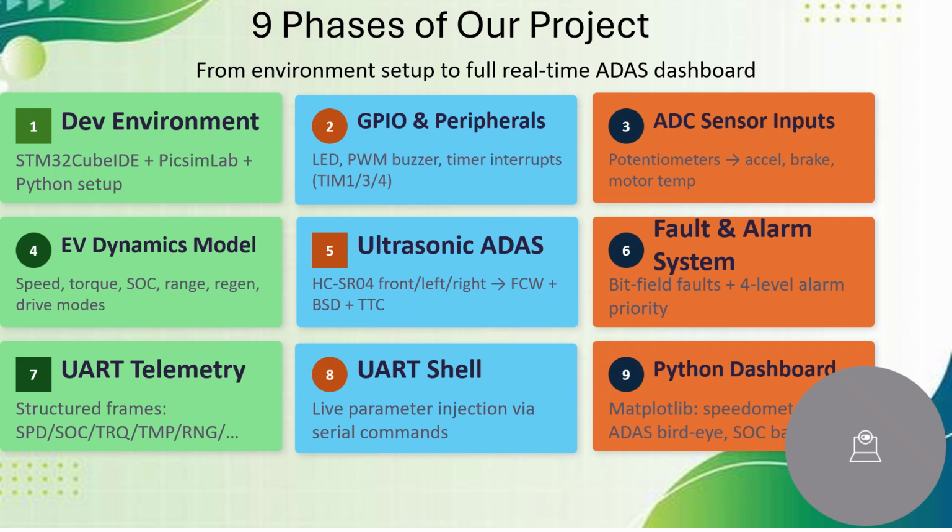In our sixth phase, fault and alarm system, that's helpful for any electric vehicle, that creates sounds with the help of the ultrasonic sensor, because these four levels of alarm priority help give the driver better safety. In this fault and alarm system, we created the project as the advisory alarm as well as the critical alarm.